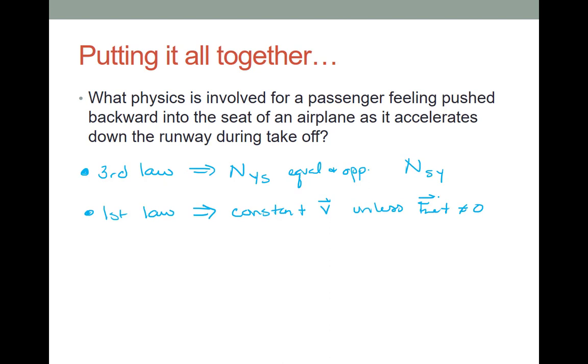Okay, well, you're sitting on this seat and you're trying really hard to maintain a constant velocity. Well, if you think about it, at first your velocity is 0 and you're trying to maintain that constant 0 velocity.